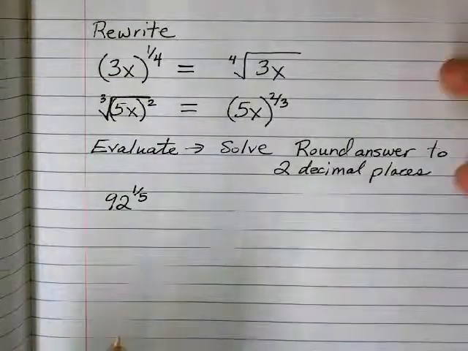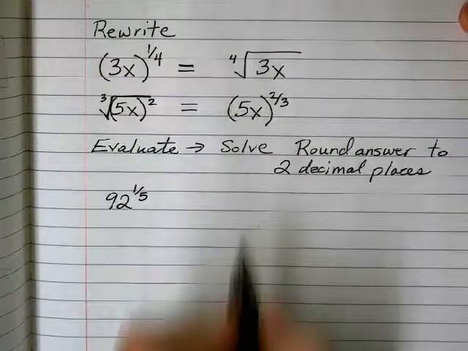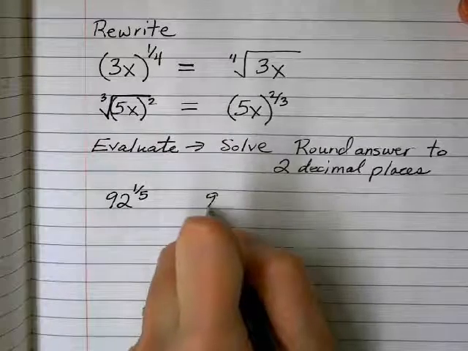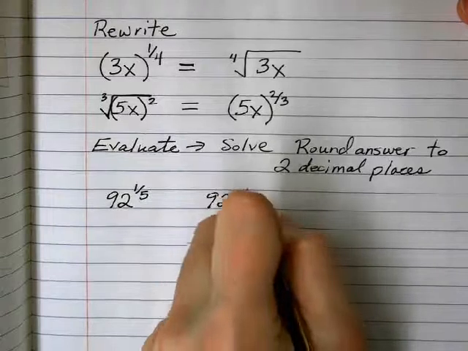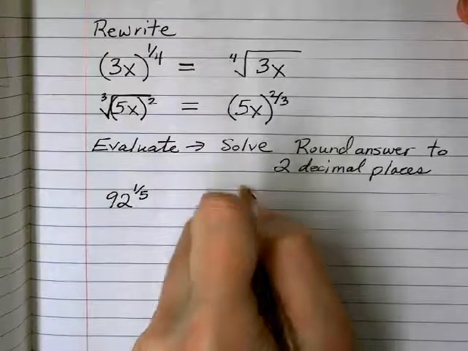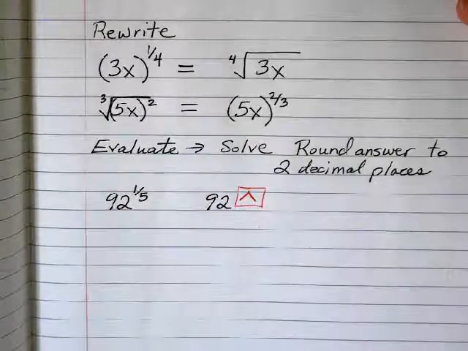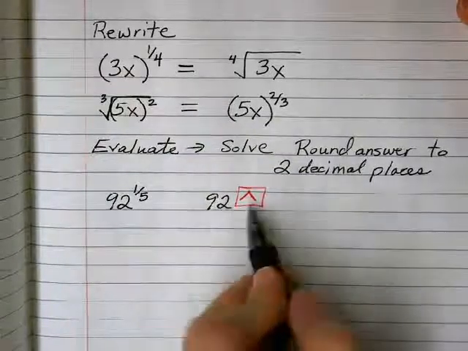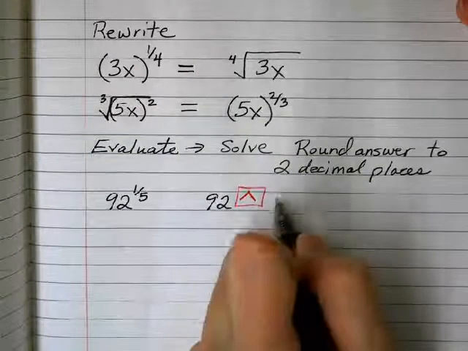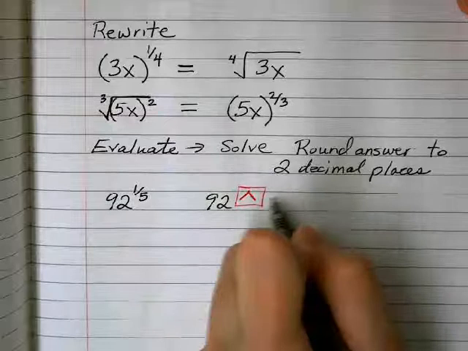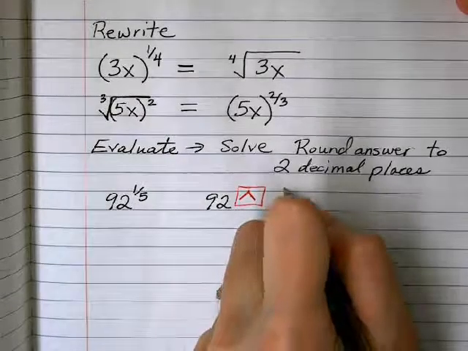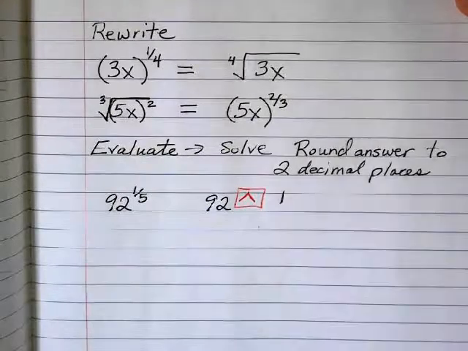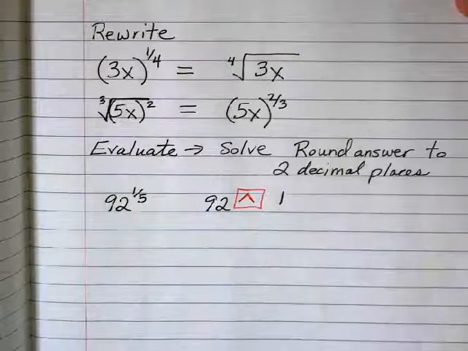Knowing which keys to push on your calculator is kind of the important thing. You literally just type 92, and then you type this up arrow key to do powers. This is a calculator key, the up arrow. And then you can type in the fraction. You can use a fraction key like 1, and then hit that ABC key on the calculator.